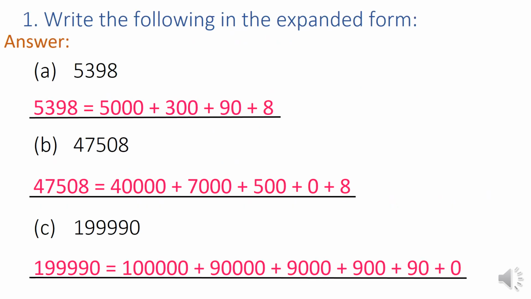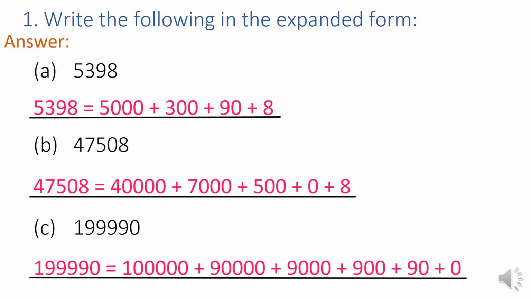Our first question is, write the expanded form of 5,398. Our number is 5,398. This number has 5 thousands, 3 hundreds, 9 tens and 8 ones.